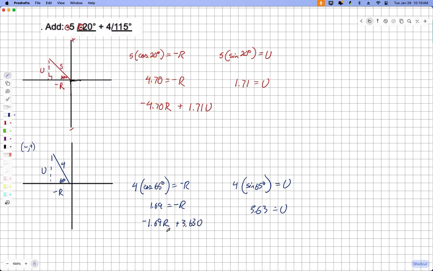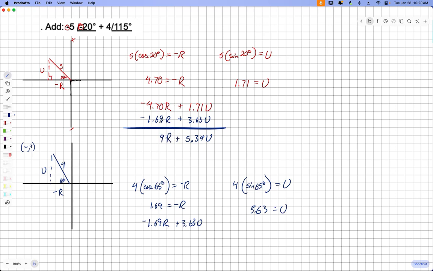Okay, so now all I have to do is stack these together. Negative 1.69r plus 3.63u. Draw my line. Bring down my u. 4.70 plus... 13, carry 1, that's 5. Put in my decimal. R, that's a positive sign.